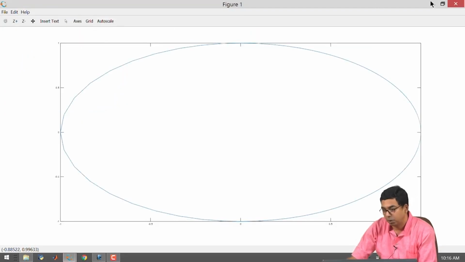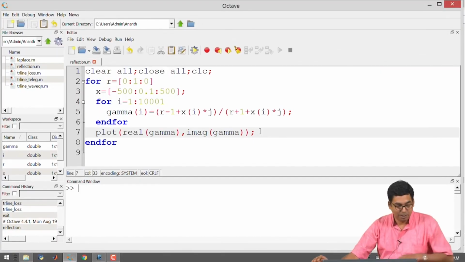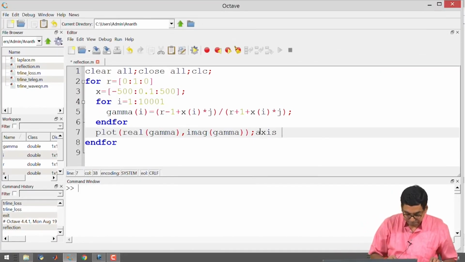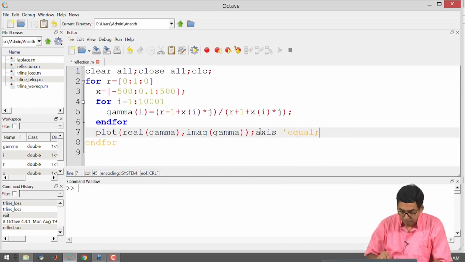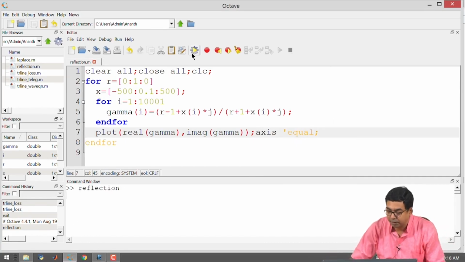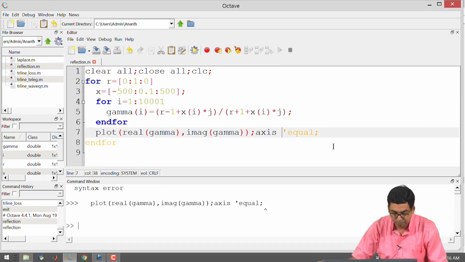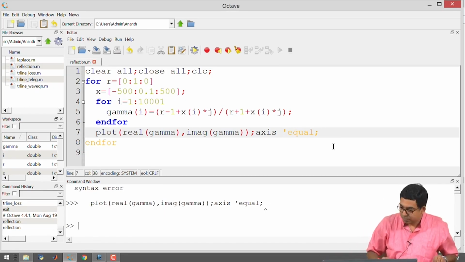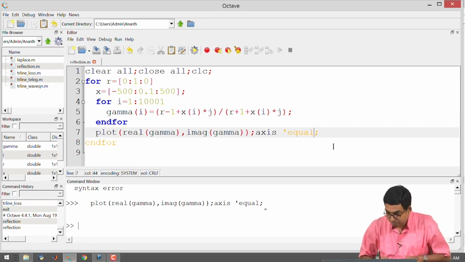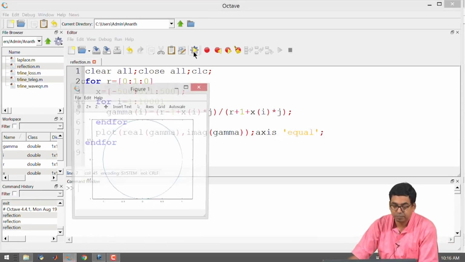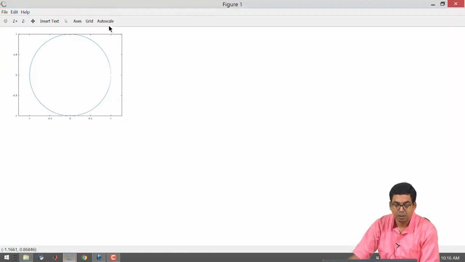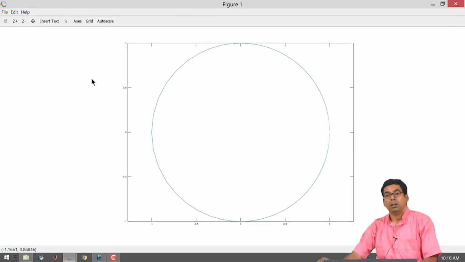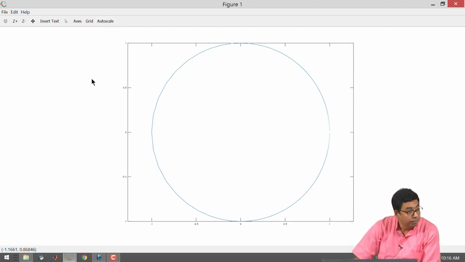Now, it looks oval, so I am just going to use a command to just make this a little bit more easy to interpret. Now, the locus of all the points is a circle. Okay. What this means is the x-axis corresponds to the real part of gamma, y-axis corresponds to the imaginary part of gamma.